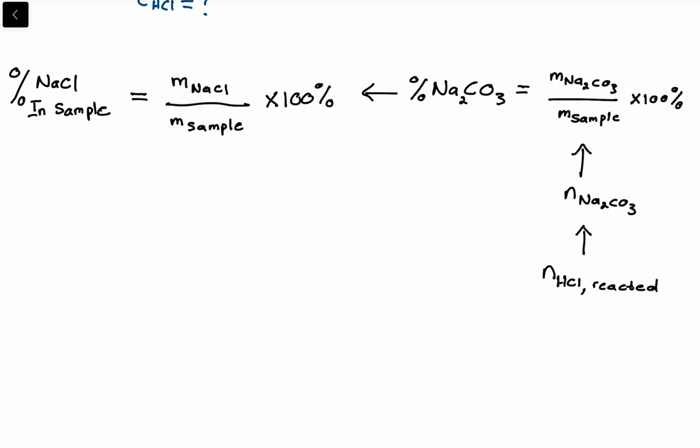To get the number of moles HCl reacted with it, we need to know the amount of HCl in total minus the number of HCl in excess.